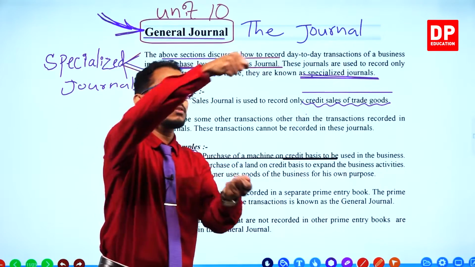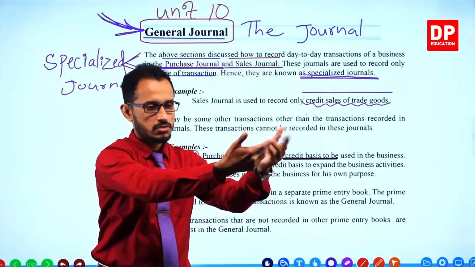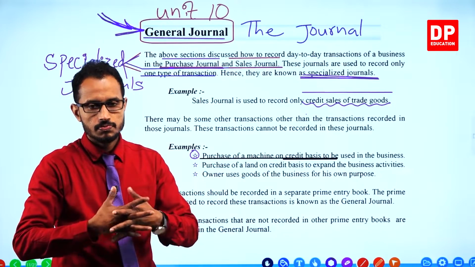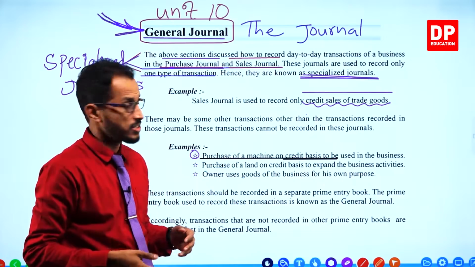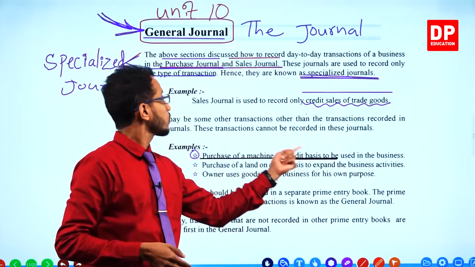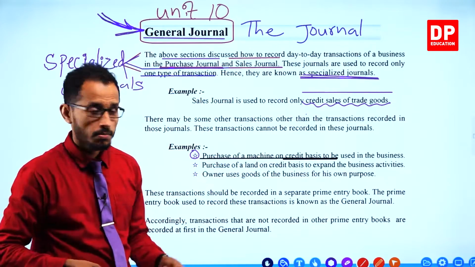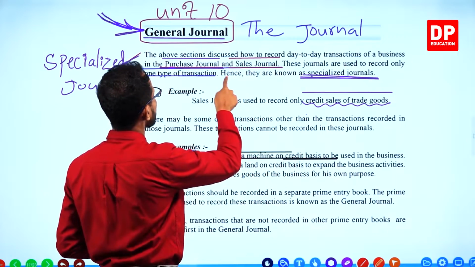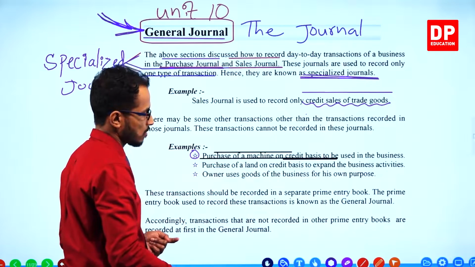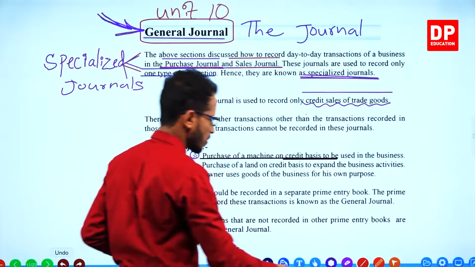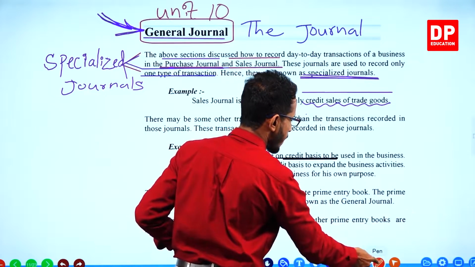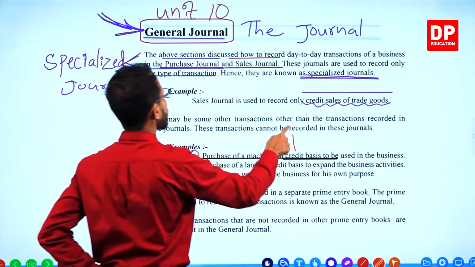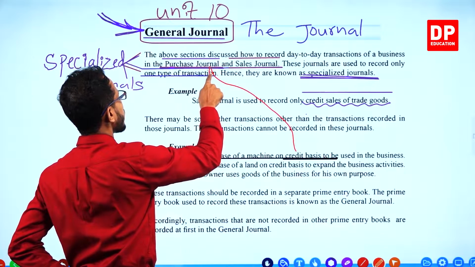Goods are sold to the customers, but cash is not taken. If it is a credit purchase, why can't you put it in the purchases journal? Simple question. Tell me if you know the answer. Why?